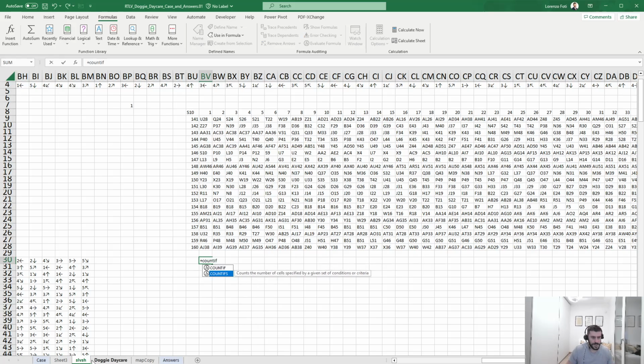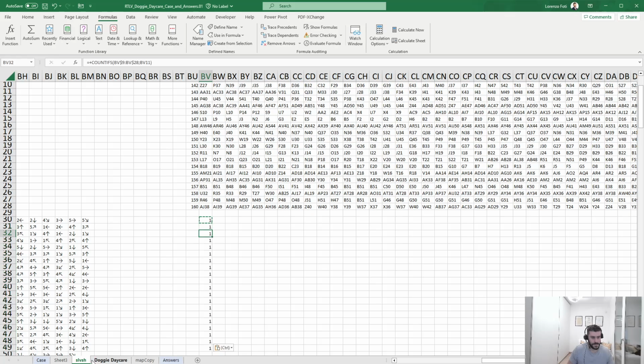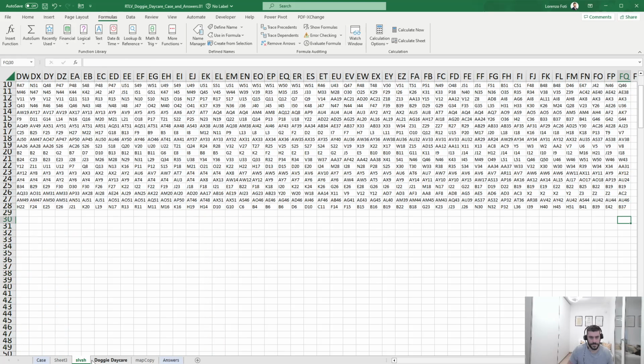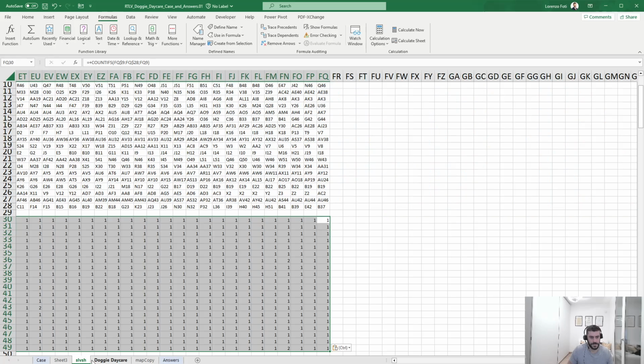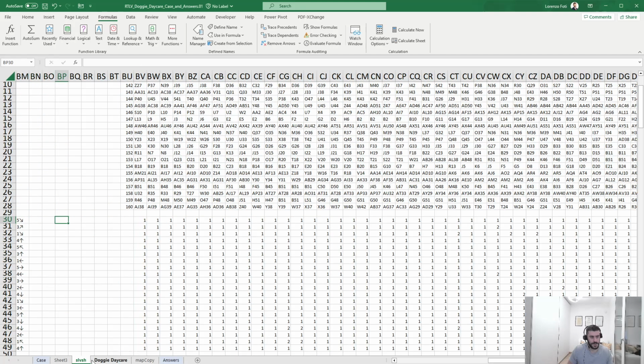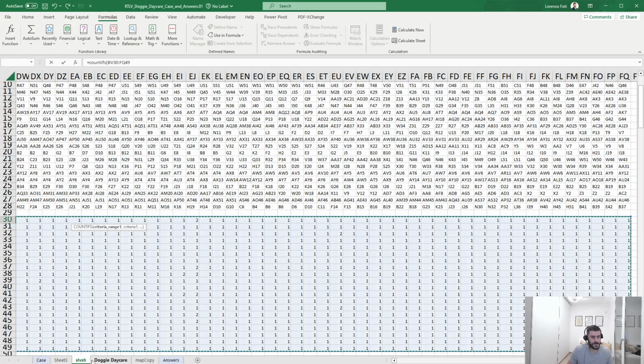To do the countifs of this, lock the row. I think it's something like this. And then I do a countifs of greater than 1.